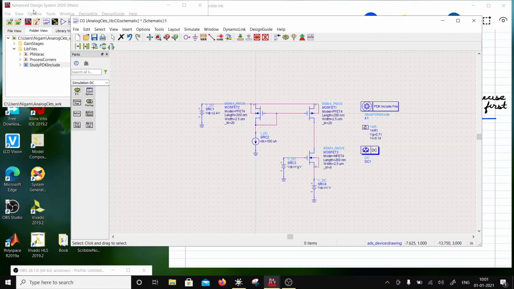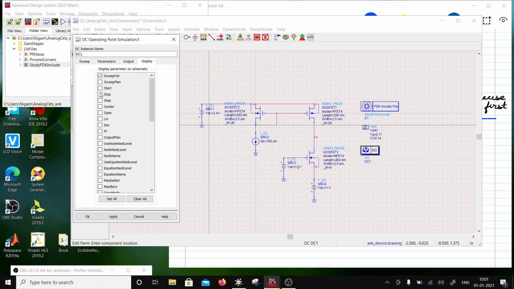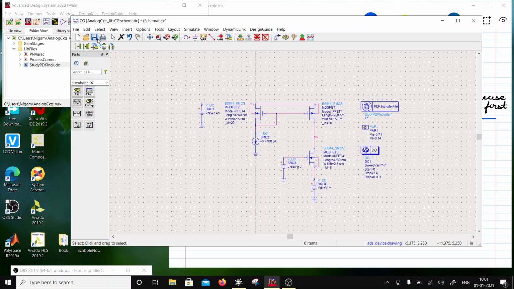That's done. So all set, other than I have to just name this one as VO. So I think I'm all set. Let me just display this. So see variable start stop step. Say OK, and I'm going to hit simulate.